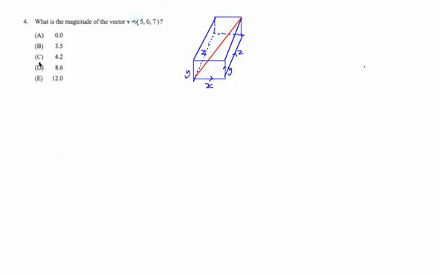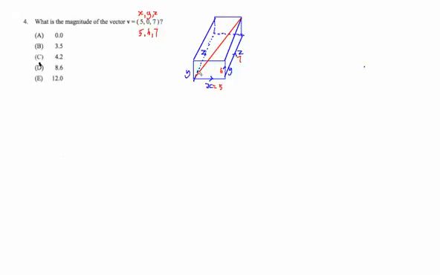For example, we look at a case of 5, 6, 7. What is the magnitude of the vector in 3D? Here is 5, here is 6, and then here is 7.